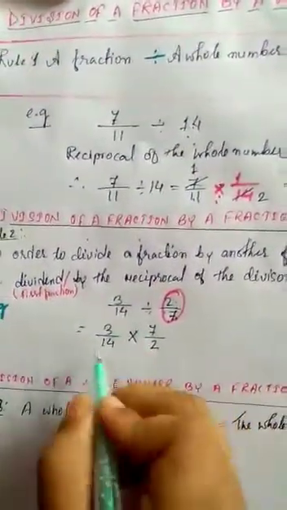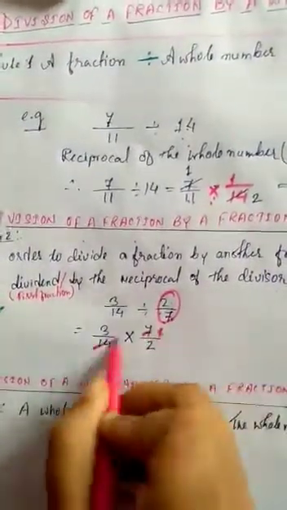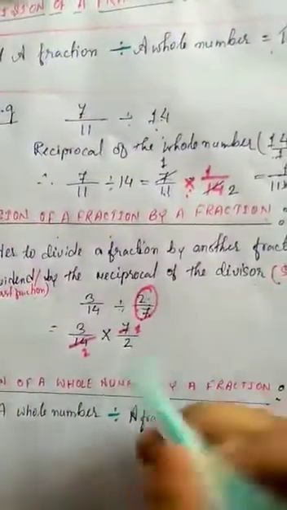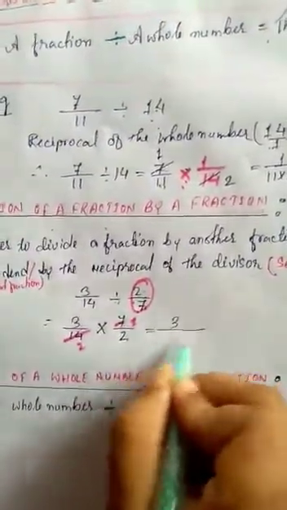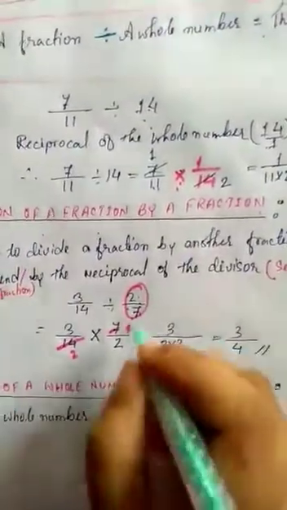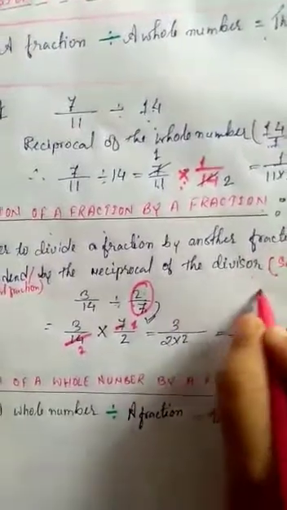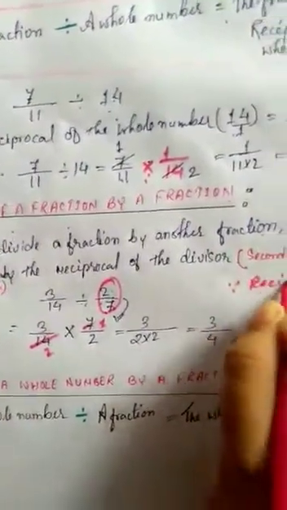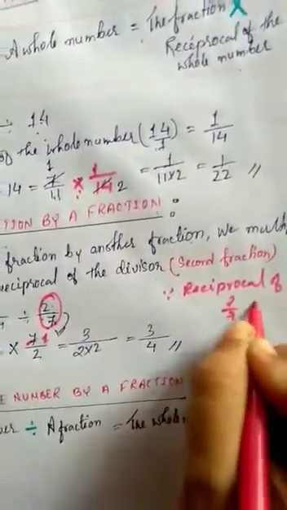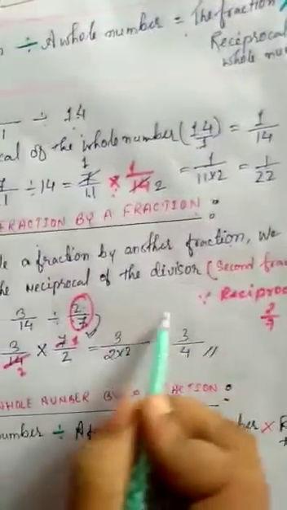Okay, children. Now we can solve it here like this. 7 1 is 7 and 7 2 is 14. So the result will be, how can we solve? 3 by 2 into 2, it's 3 by 4. All right. So what we have done here is that the reciprocal of 2 by 7 is 7 by 2, and this one we have multiplied here.